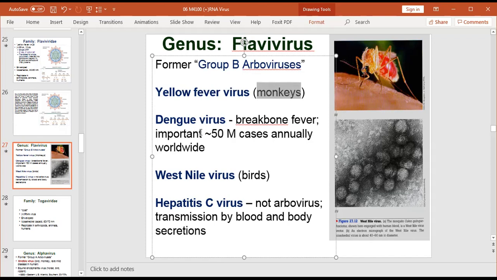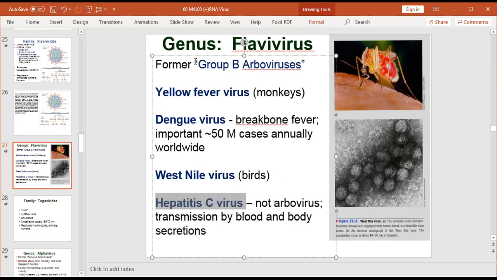It is an important virus because about 50 million cases are found annually worldwide. Another virus within this family is called West Nile virus, uses birds primarily as its host, and hepatitis C virus.